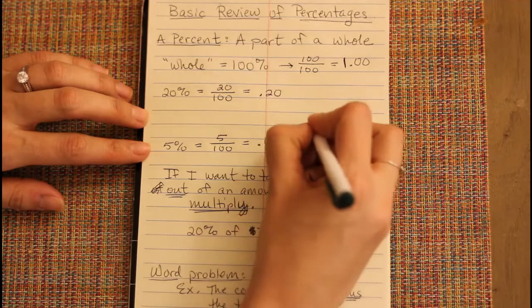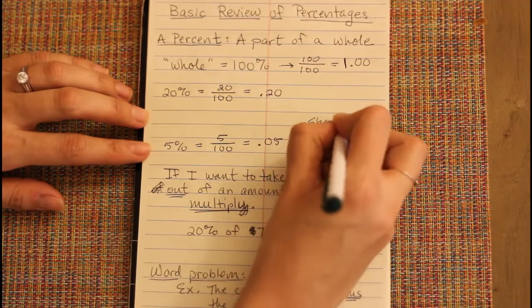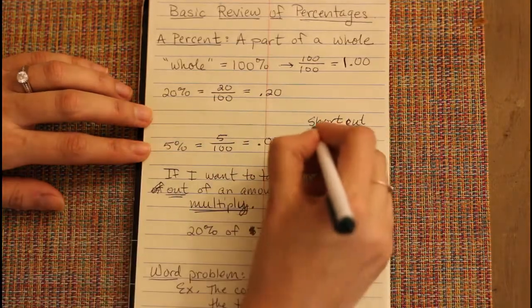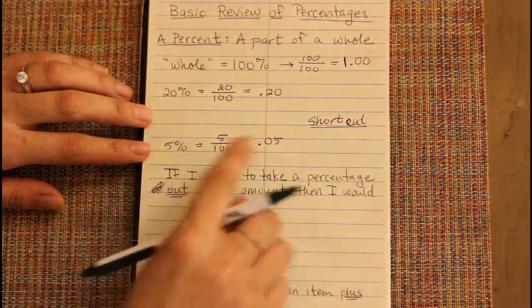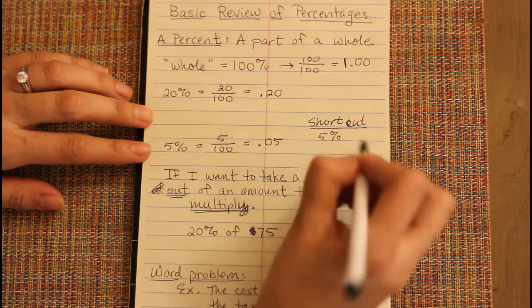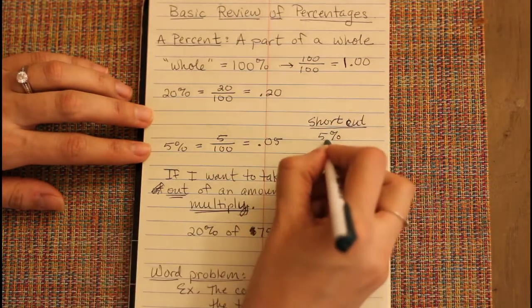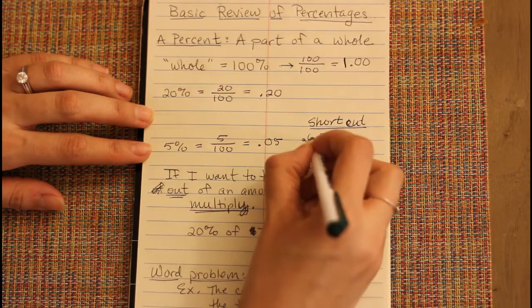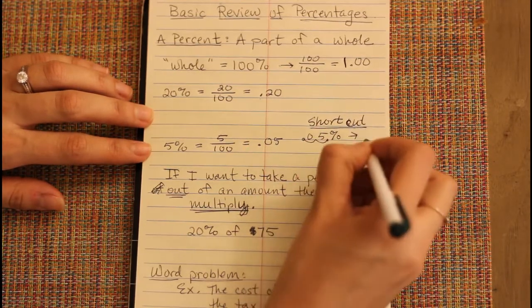So a quick shortcut. My C looks like an E. If I have that 5%, and you probably have learned this already, you have the decimal here. If you move it 2 spaces, you get your decimal form.